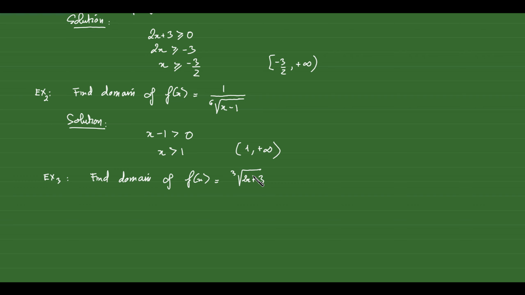You can go ahead and try it: the cube root of negative 5 works, the cube root of 0 works, and the cube root of 5 also works. So for any odd root, we can take the value.